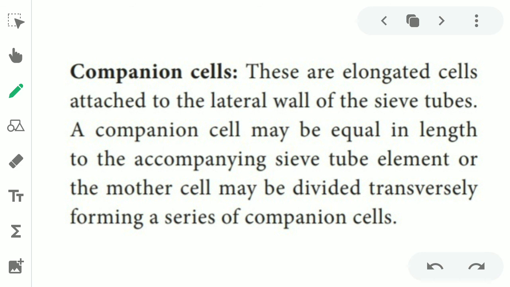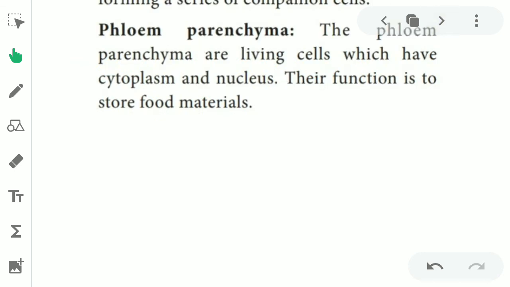Lateral means side wall. A companion cell may be equal in length to the accompanying sieve tube element. The mother cell may be divided transversely, forming a series of companion cells. Transverse means continuously. Next, phloem parenchyma. Phloem parenchyma is a living cell. Its function is to store food. Like xylem parenchyma, phloem parenchyma also stores food.